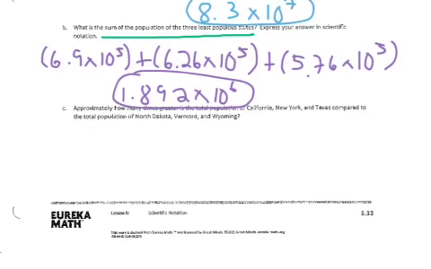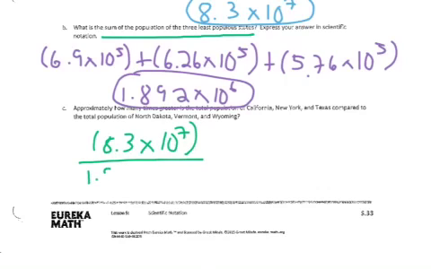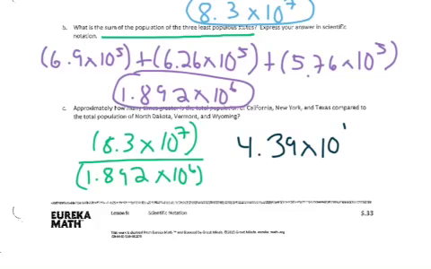So I would have 8.3 times 10 to the 7th power, and I'm going to divide it by what I got for the least populous, which was for part B. When you do that in your calculator, make sure you put parentheses around that like I did. You would get roughly 4.39 times 10 to the 1st power.